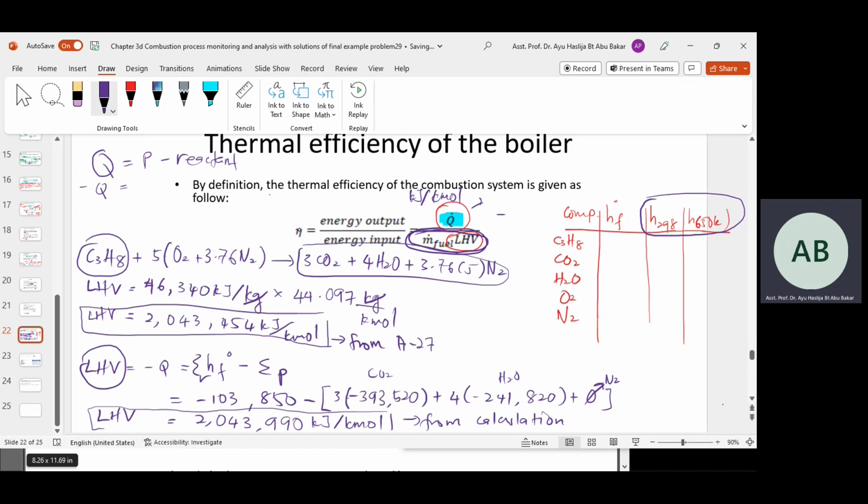So for thermal efficiency, the sign is not that important. We need the figures, the amount. Once you get the Q, divide by the LHV multiplied by the molar mass.